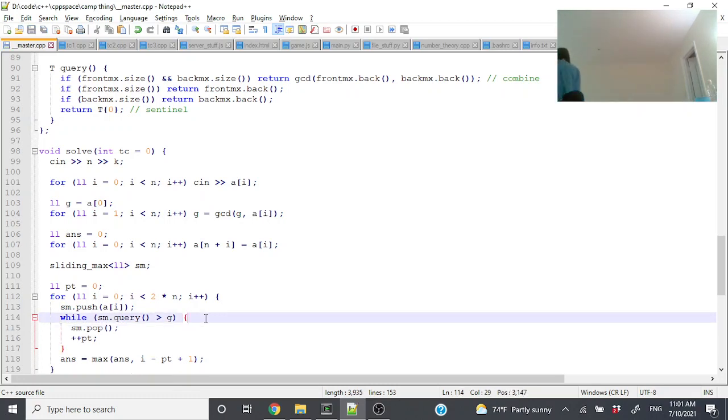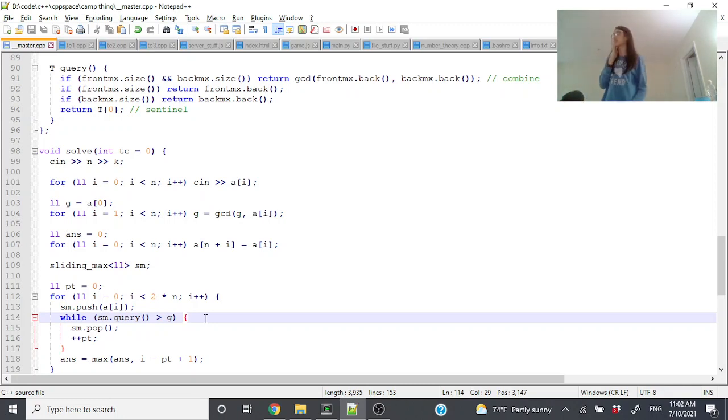What are we doing? Find the longest. Oh yeah, this doesn't make sense.